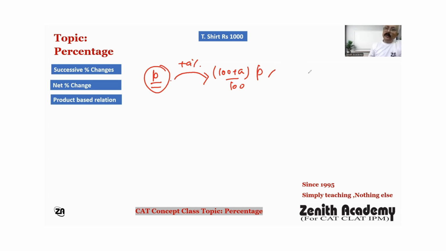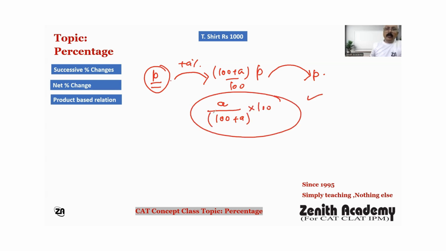So how much percent should I reduce it so that it becomes p? So very simple, a upon 100 plus a into 100. Okay. So if a increase, then after increase it becomes 100 plus a.